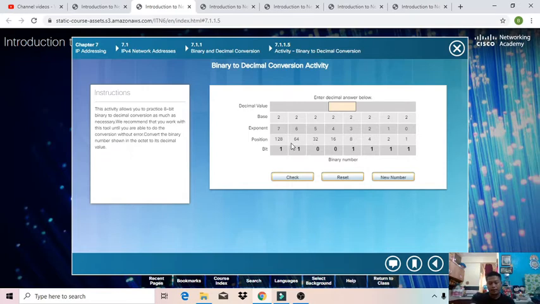if a bit is 1, it has this value, it's multiplied by itself. If the bit is 0, it means the value is 0.